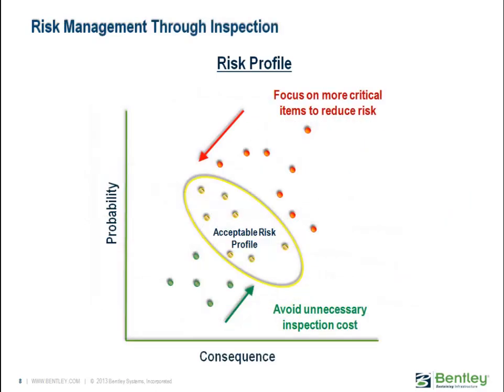So, in summary, by risk management through a risk-based inspection program, we can achieve an acceptable risk level by focusing the inspection activities on more critical items to reduce their risk and avoiding the cost of unnecessary inspection on the less critical items. Inspection influences the uncertainty of the risk associated with pressure equipment primarily by providing knowledge of deterioration state and predictability of the probability of a failure.